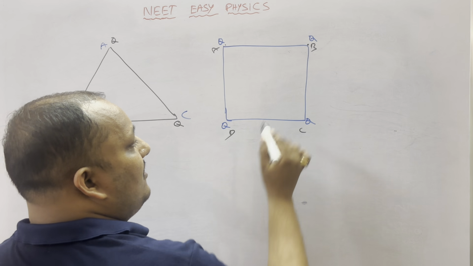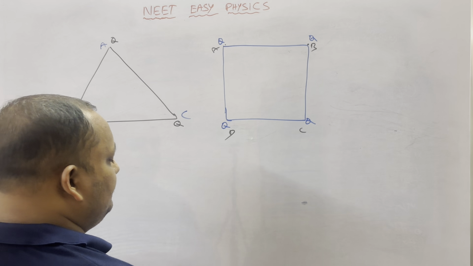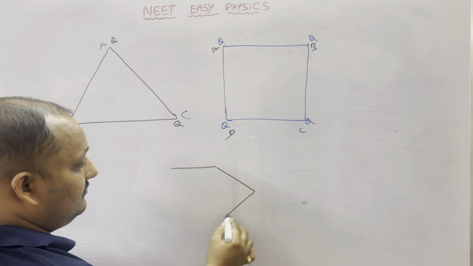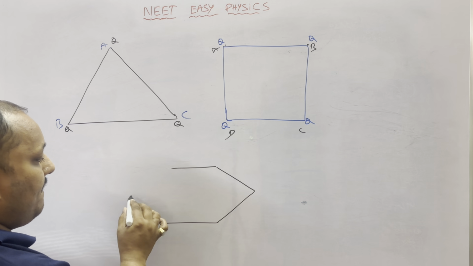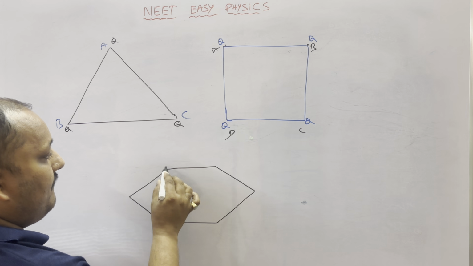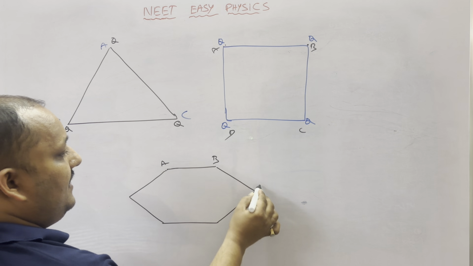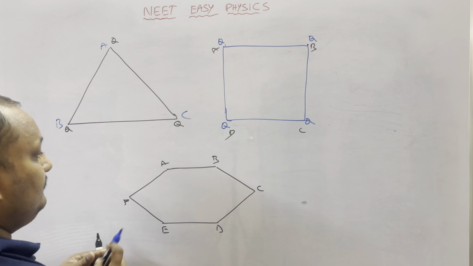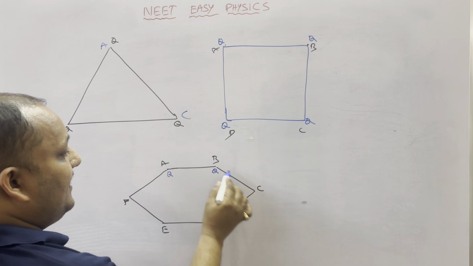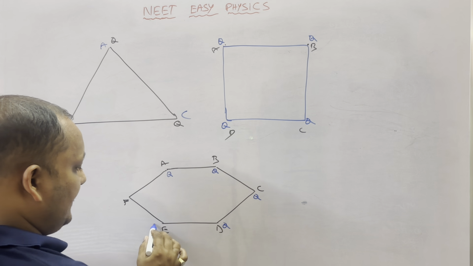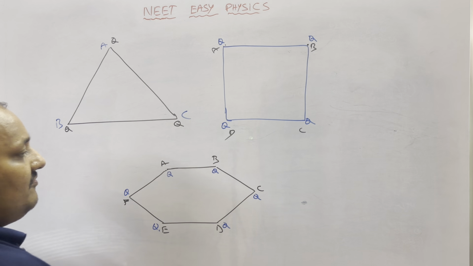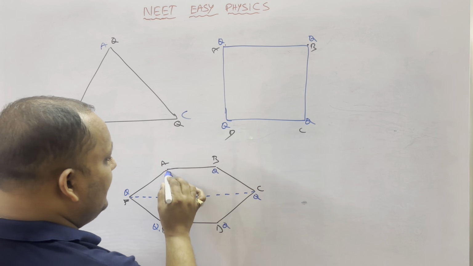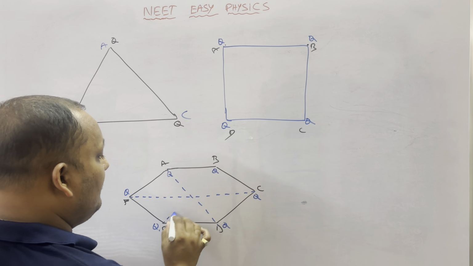What is the force acting on any one of the charges? Like that, they make a hexagon. So A, B, C, D, E, F. All charges I am taking here positive. Next class we are going to do all these types of problems.